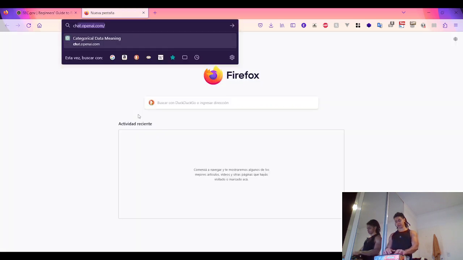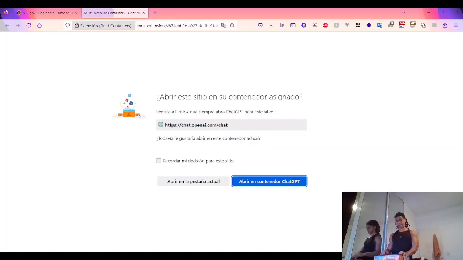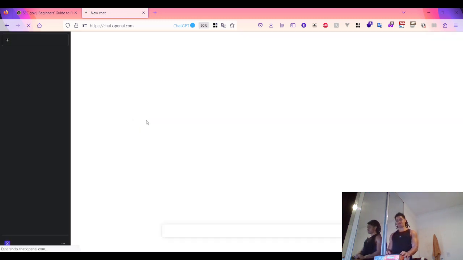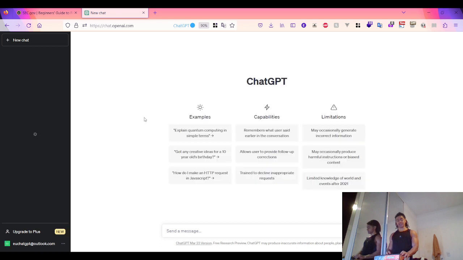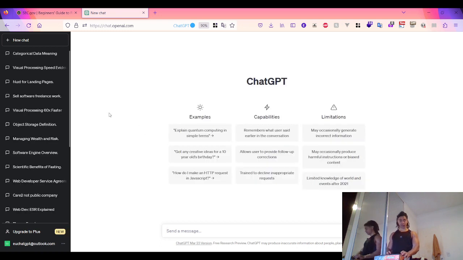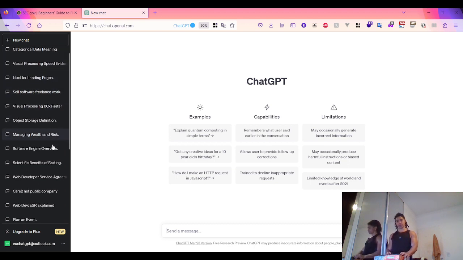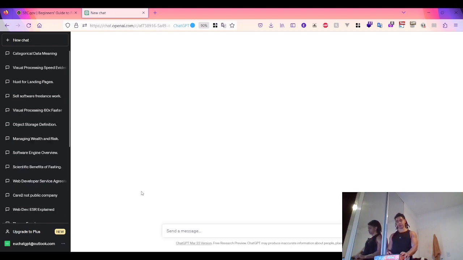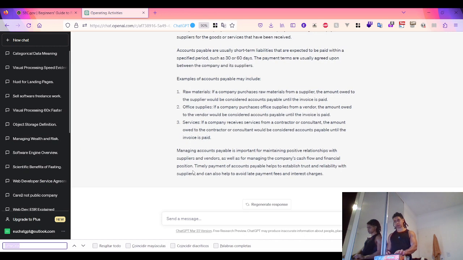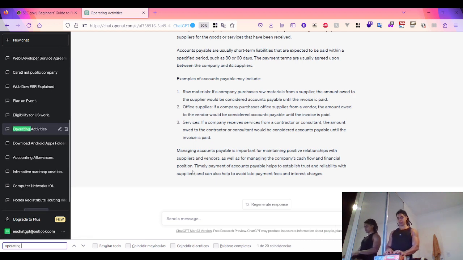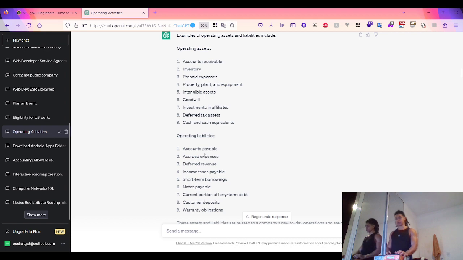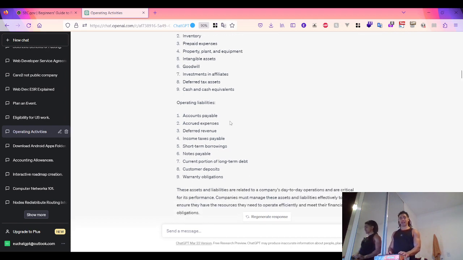If I look at examples of that, you have salaries, rent, taxes. These are operating liabilities. So you have accounts payable.